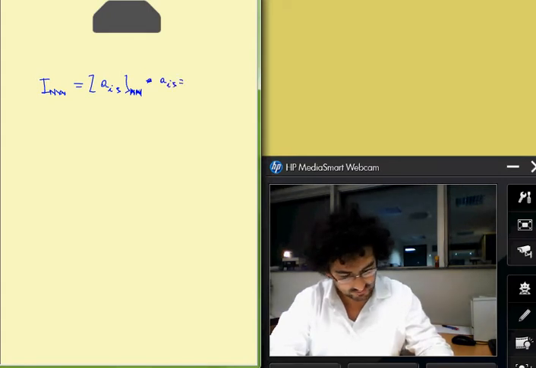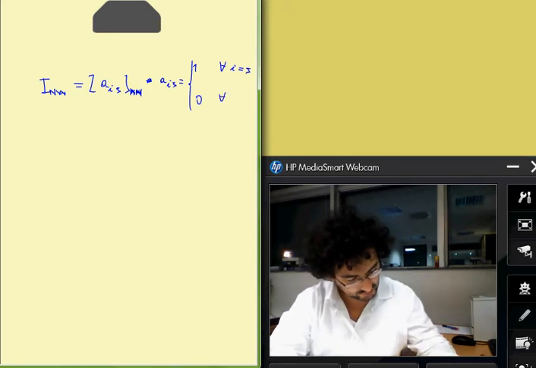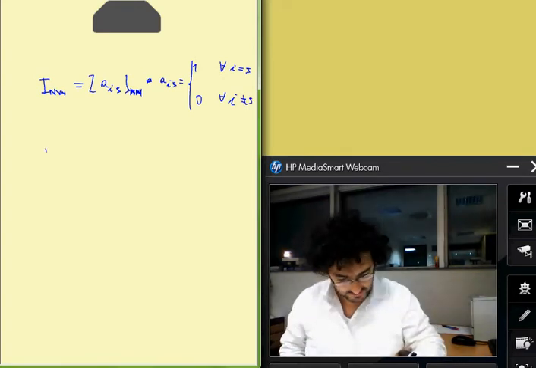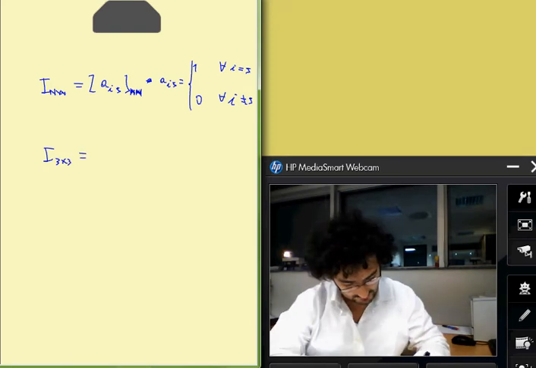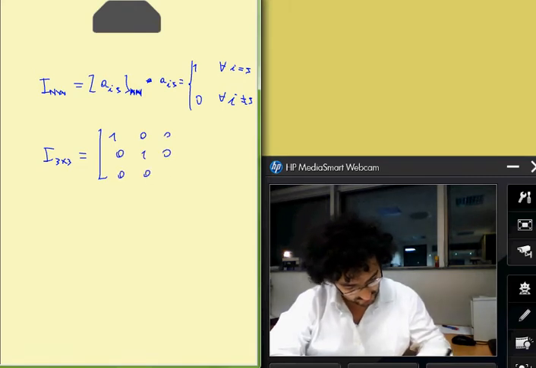This general element aij is equal to 1 for each i equal to j, and is equal to 0 for each i other than j. For instance, an identity matrix 3 by 3 is the matrix 1 0 0, 0 1 0, 0 0 1.